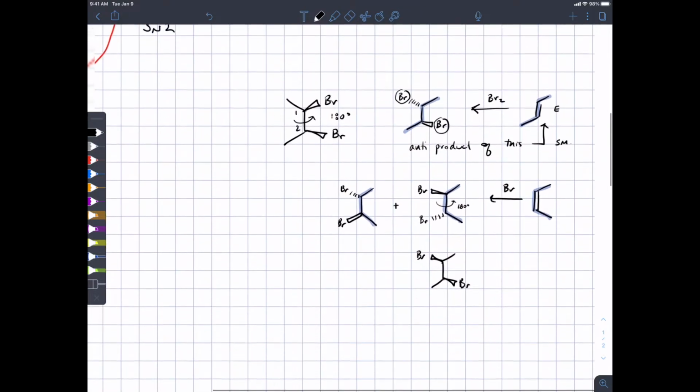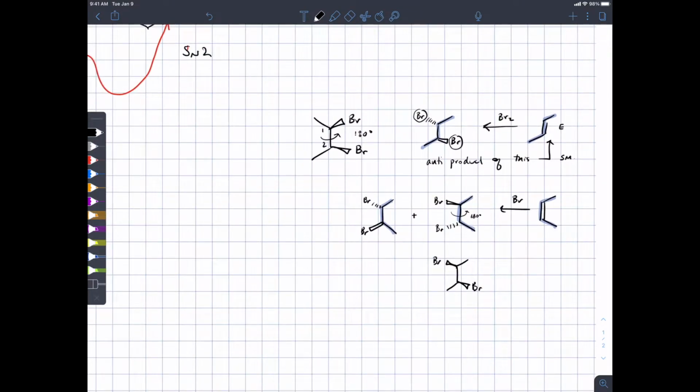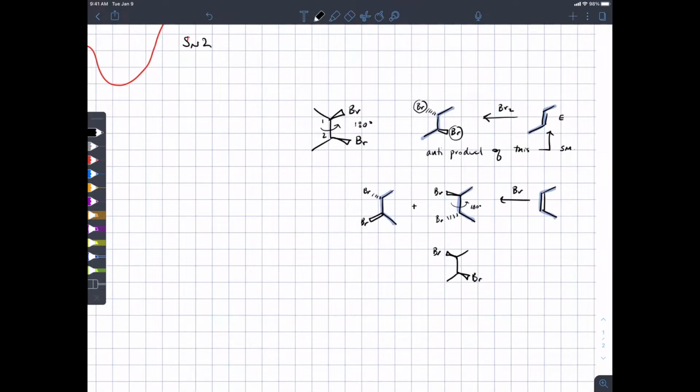So what I'm saying is, is this diastereomer syn or anti? Meaningless question unless you talk about the starting material itself, all right? Relative to the Z alkene, this product is an anti-product.